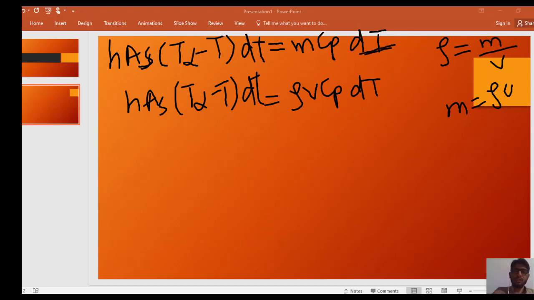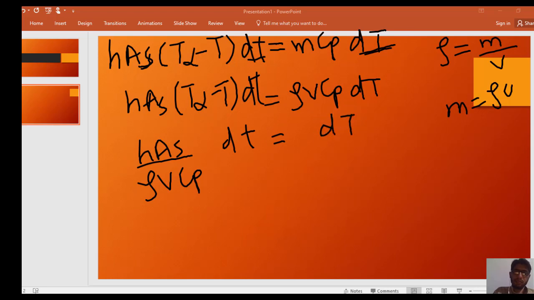We can further simplify this relation into h AS divided by rho V Cp, times dt, which is equal to dT, the change in temperature of the material, divided by T infinity minus T, the temperature of the surrounding minus the temperature of the system.